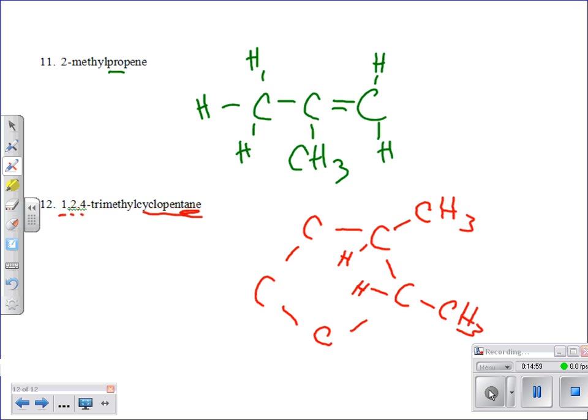So here's 1, 2, and this is 4 over here. Okay, so which means the other 2 carbons have to have a hydrogen each. It'd probably be better to just keep those hydrogens on the outside. There's more room. But that is it. You have finished organic nomenclature.